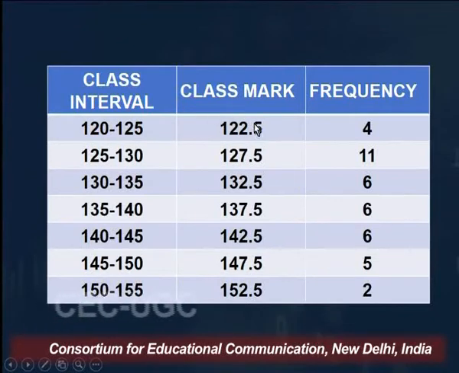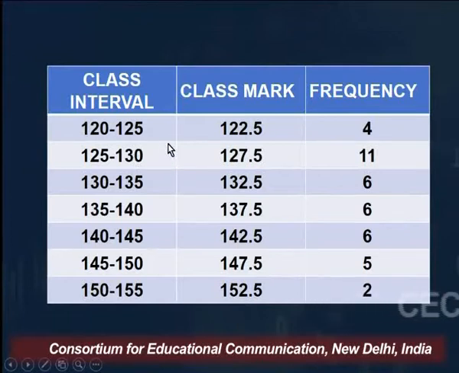The importance of this class mark is that this 122.5 represents the class interval 120 to 125, assuming that frequencies are uniformly distributed over this class interval.